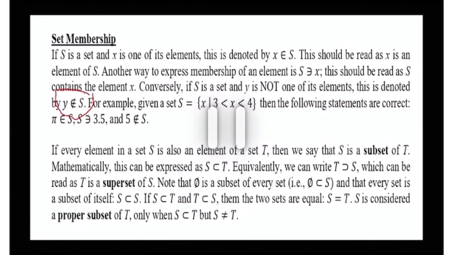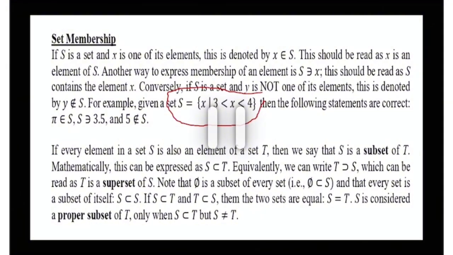That means y is not a member of that set, or somebody is not a member of this class. Now, if I define my set X as the values such that it is greater than 3 but less than 4, I can ask someone to figure out the members of that particular group.